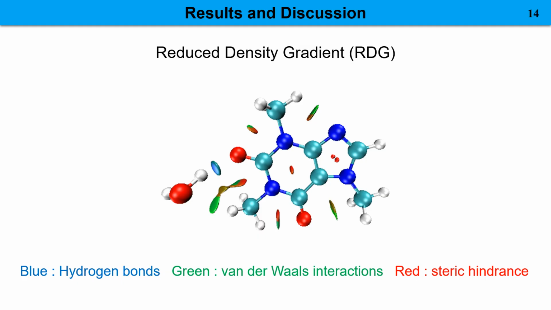Non-covalent intermolecular interactions are characterized using reduced density gradient analysis. Hydrogen bonds are depicted in blue. Green represents van der Waals interactions, and red indicates steric hindrance. The ellipse represents a strong hydrogen bond between caffeine and water.